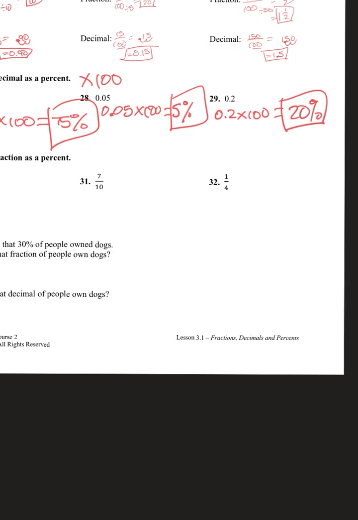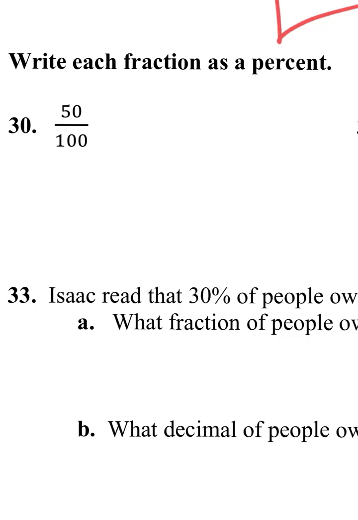Moving on to numbers 30 through 32. Excuse me, my voice is kind of going out. Numbers 30 through 32 say write each fraction as a percent. What you want is to convert your fraction into another fraction where the denominator is 100.